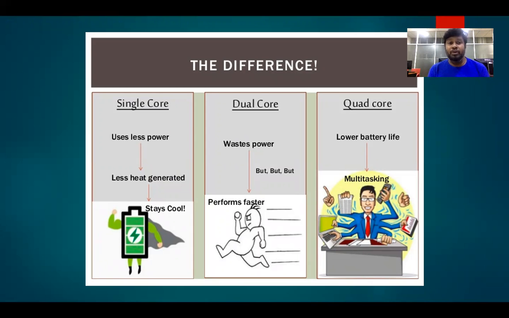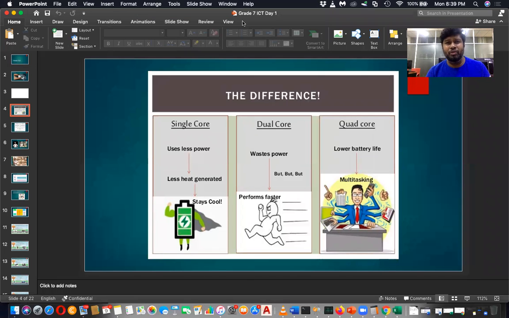You have more: hexacore, octacore. What is that? Single core means only one core. Dual core means two cores. Quad core means three cores. Three or four? Oh, four. What is a core? Core means?